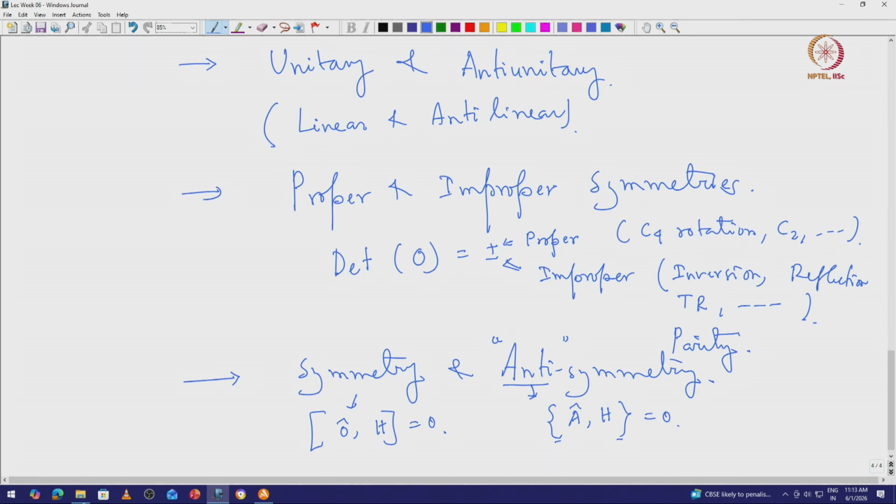So, here most of this symmetry, time reversal, inversion, and so on, whereas the chiral, charge conjugation, are the examples of anti-symmetry, and we will see the consequences of those.